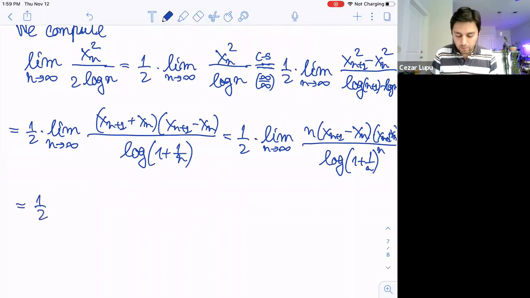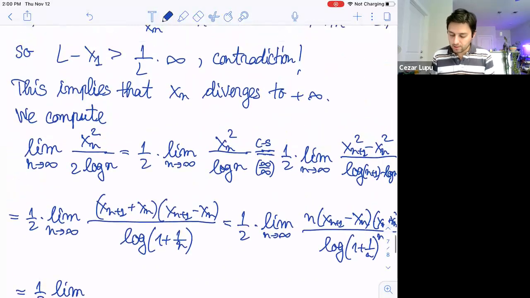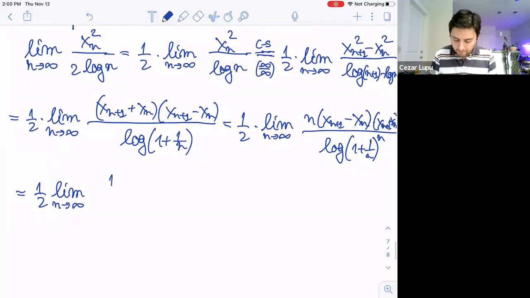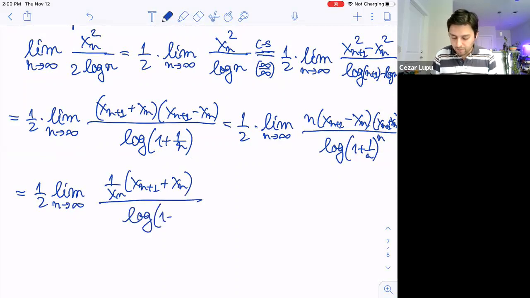And this will be further equal to, as we pass to the limit as n approaches infinity, n times this will be 1 over xn, right, by the recursion, times xn plus 1 plus xn. And here, well, let me write it again, 1 plus 1 over n to the power n.